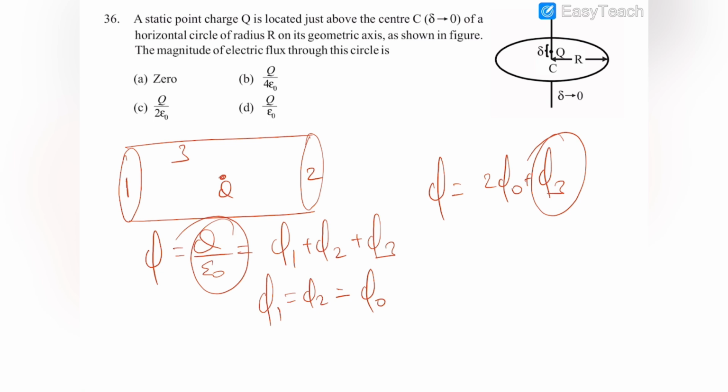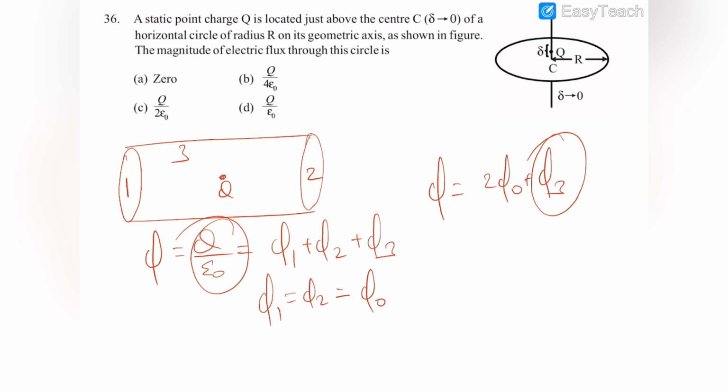Now we know that if we surround this charge with another such ring just above this charge at a distance del, which is tending to 0, then those two rings are so close to each other that the cylinder formed by those two rings has a negligible curved surface area, because this length is negligible.